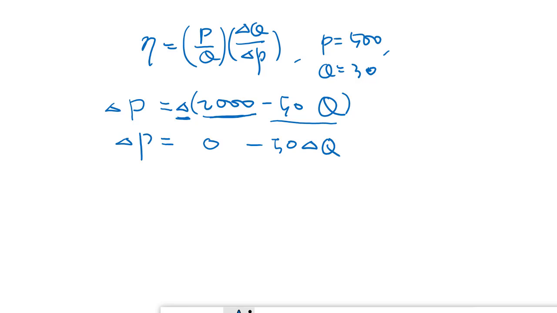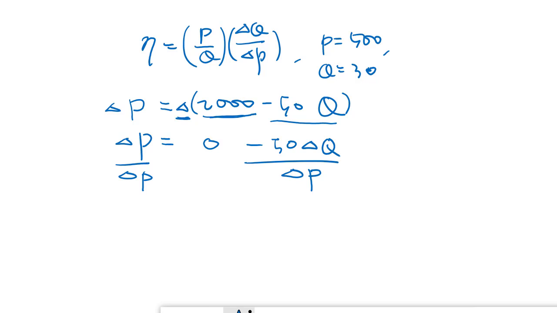So we can rewrite this demand equation in terms of change, or delta notation, and divide both sides by delta P. As long as we do the same operation to both sides of the equality, the equality stays the same.